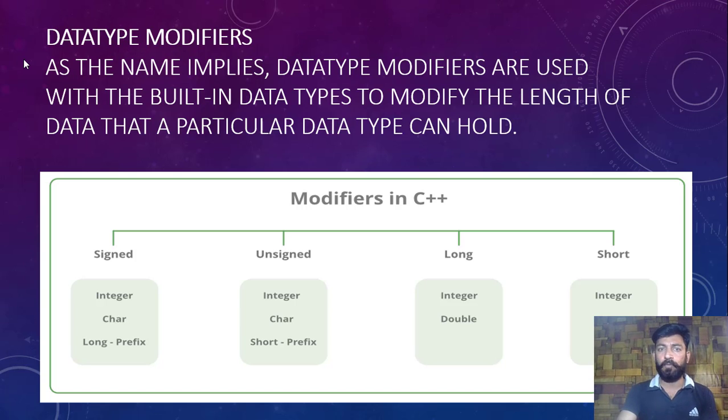There are 4 types of data type modifiers: signed, unsigned, long, short. Integer may be of all four types: signed, unsigned, long and short. Char may be of only 2 types: signed and unsigned. Double may be of long.